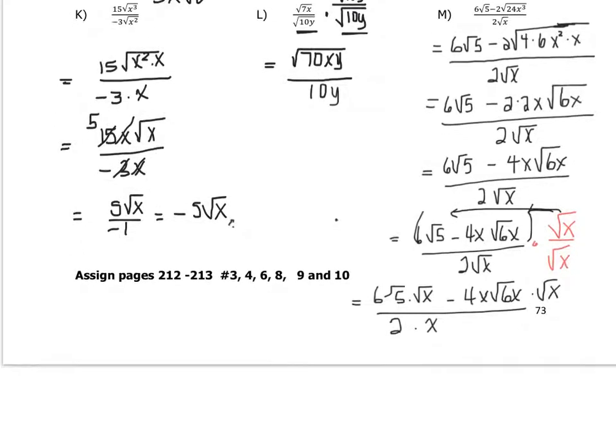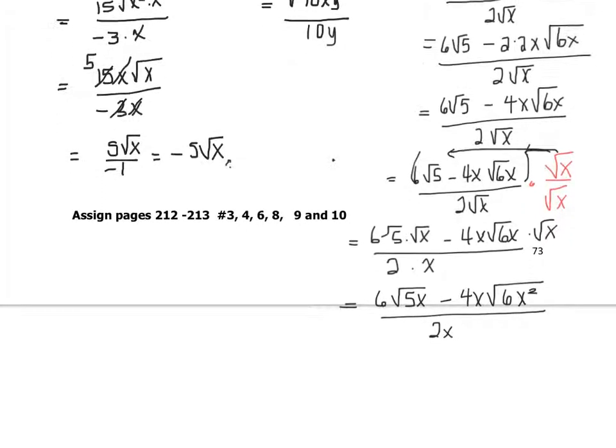And then that's going to give you 6 root 5x minus, this is going to be 4x, and 6x squared will be underneath the root sign, all over 2x. And there's one more thing you can do, and that's to bring out that x in the second radical on the top.